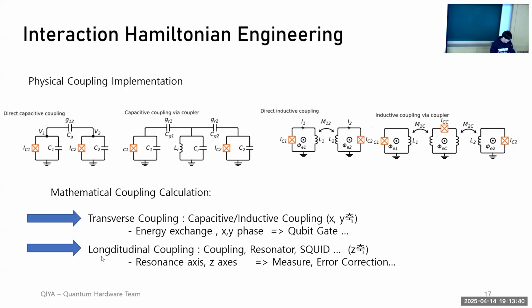And a longitudinal coupling is like a coupling resonator, SQUID, or some different kind, distinct from the transverse coupling. You can relate it to the resonance axis and z axis. So you can use it in measurement or error correction.